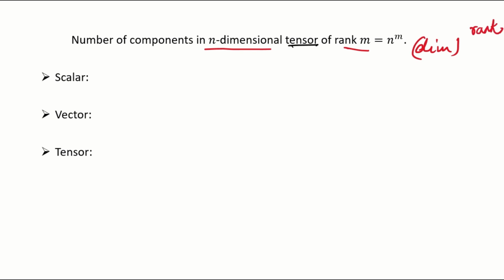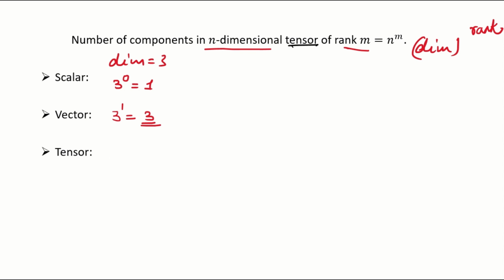If you are considering three-dimensional space, how many components does a scalar have? A scalar is a rank 0 tensor, so 3 to the power 0 is 1, and we have already seen that a scalar has one component. A vector is a tensor of rank 1, so it will have 3 to the power 1, 3 components, and we have seen that a vector has 3 components.